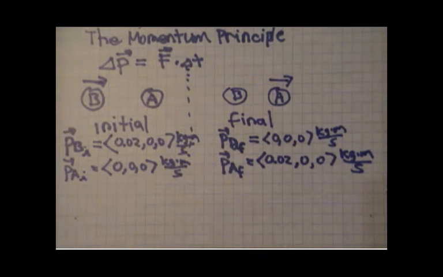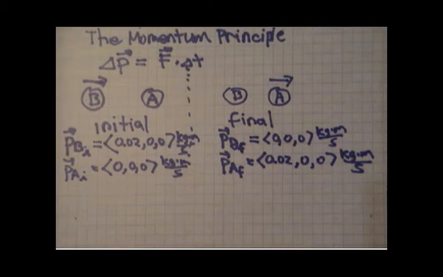Okay, so to apply the momentum principle, the first thing that you want to get in the habit of doing is, with this equation, delta P is equal to F times delta t, you have to decide what is the system that you're applying the equation to, and what constitutes the surroundings of that system. So we're going to get in the habit of identifying a system by drawing a dotted line around it.